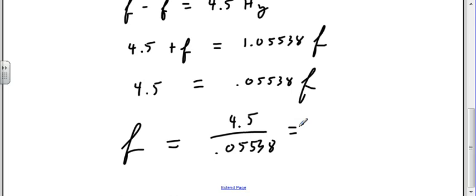Okay, and then we're going to have 4.5 divided by the answer. I don't like this answer. 81 hertz. And say 4.5 divided by 0.05538. Yep, 81 hertz.